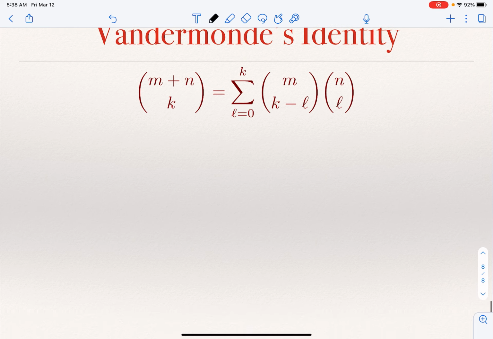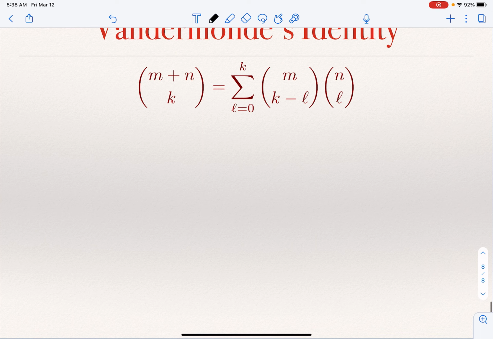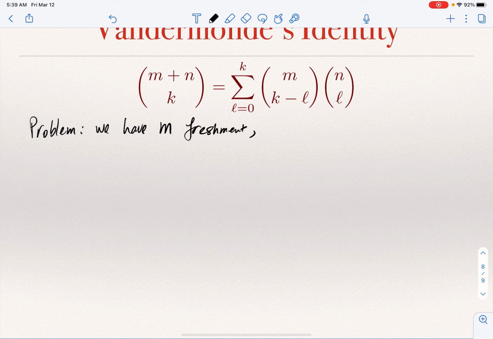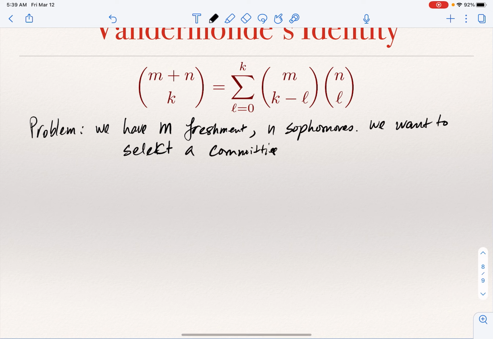So for example, one way I would do this here, I would say that the problem is that we have m freshmen and n sophomores, and we want to select a committee of k students.